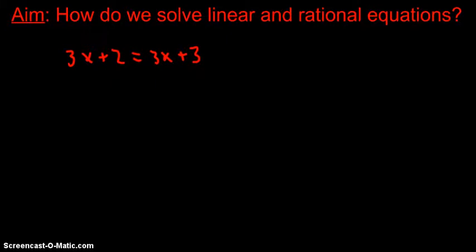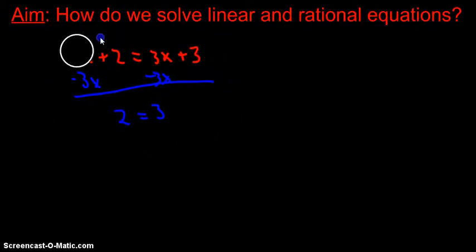And that's why it has no solution. If you try to solve this by subtracting the 3 x's from both sides, you will get something that makes no sense. You will get 2 equals 3. If you get something like this, that means your equation has no answer. Alright, so we've discussed equations with one answer, no answer, and infinite answers.